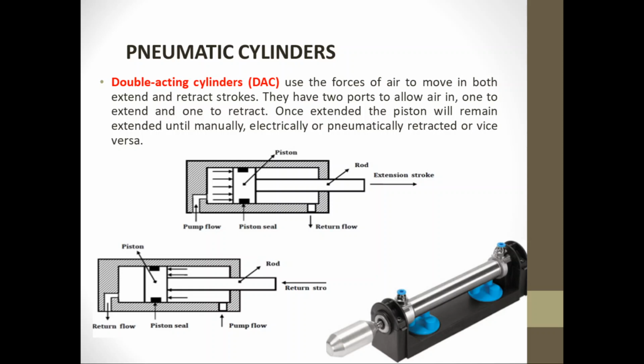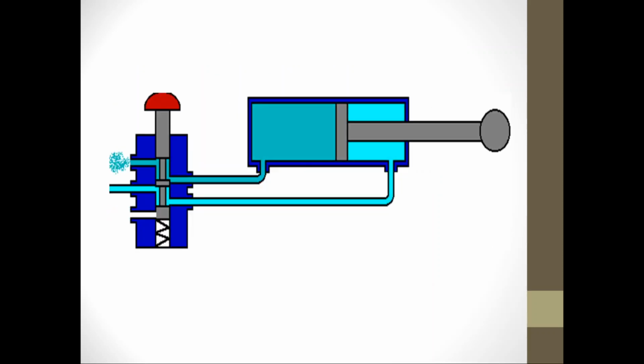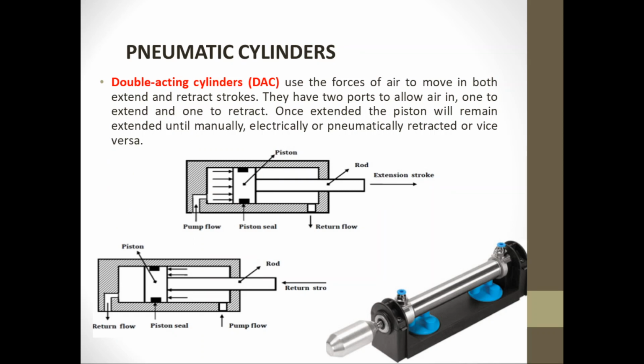Only the air can make the cylinder extend or retract. So in order to command the cylinder when to extend or when to retract, it must be coupled with what we call a directional valve.